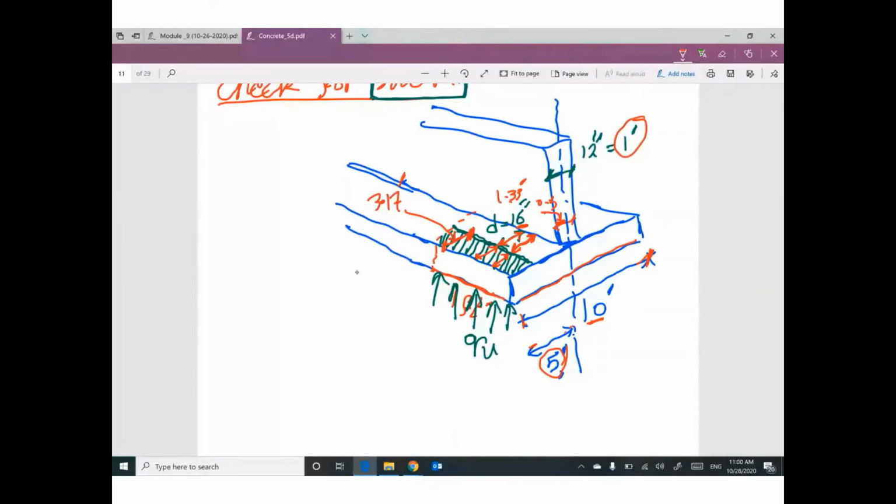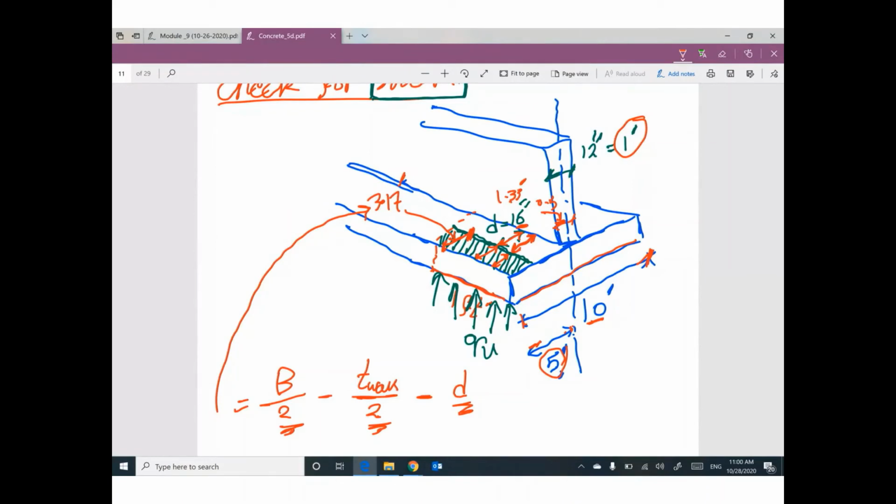So B divided by 2, minus wall thickness divided by 2, minus D, you can get the remaining distance. Does that make sense? And make sure every distance is in feet. We are talking about feet. This one in feet, this one in feet, this one in feet.